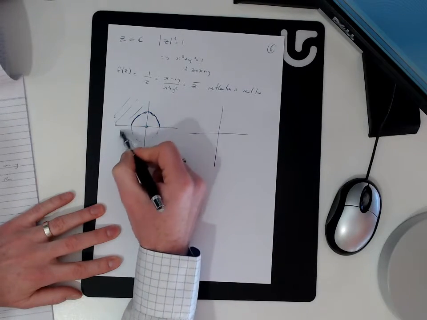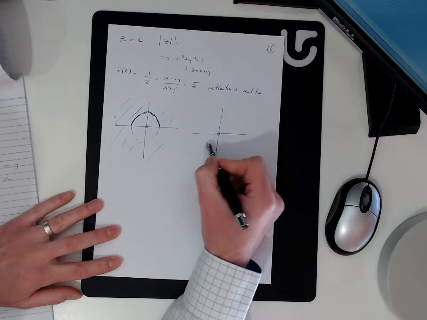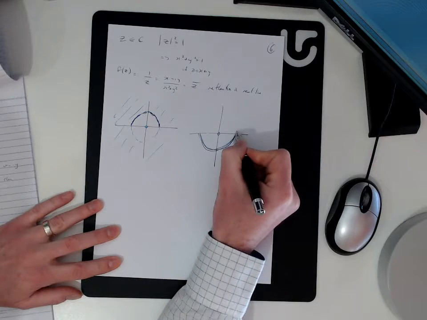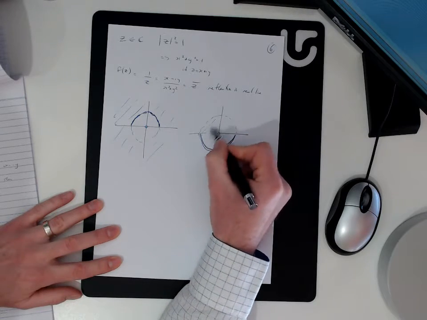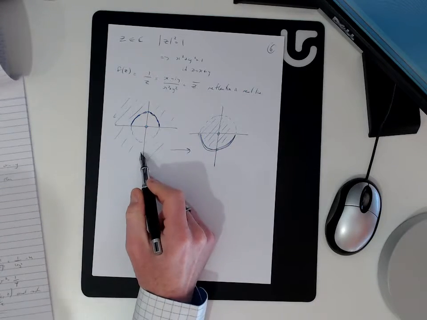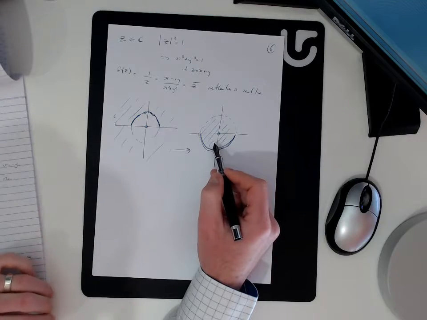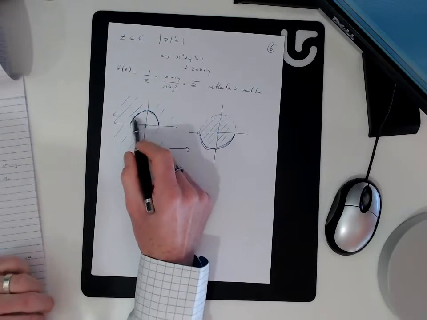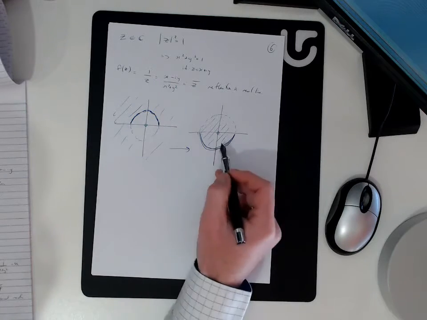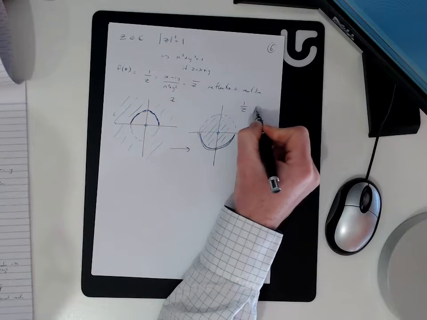Everything outside, solid line underneath, dotted line on top, and everything outside, modulus greater than 1, gets mapped to things that have modulus less than 1, and the positive hemisphere of the unit circle in the complex numbers gets mapped to the negative hemisphere, z to 1 over z.